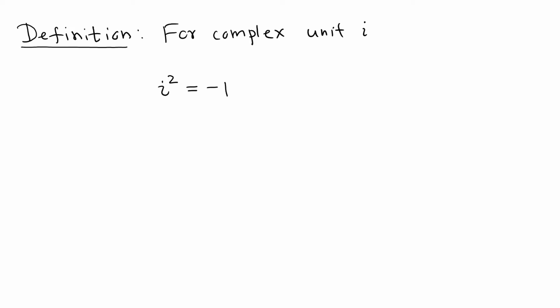This is a definition. This is what we call the complex unit i. It's like 1. We can also write this informally: if you take the square root, we can write i as the square root of negative 1. This is a notation.